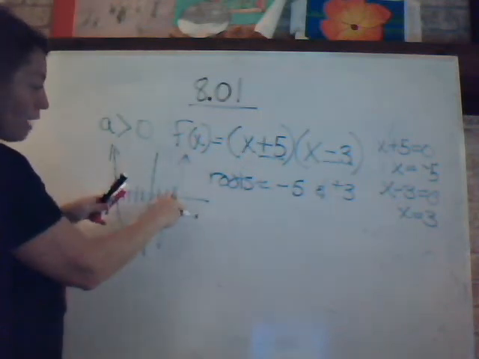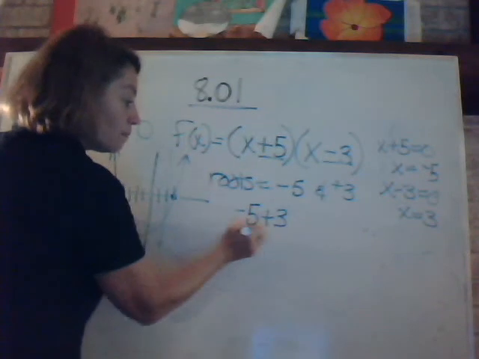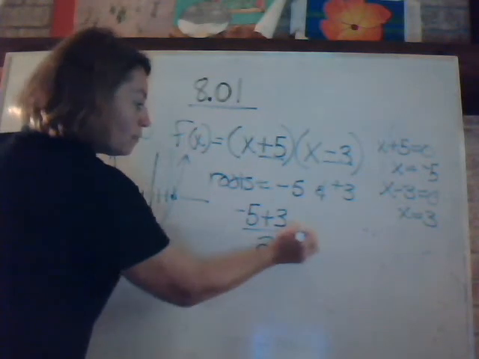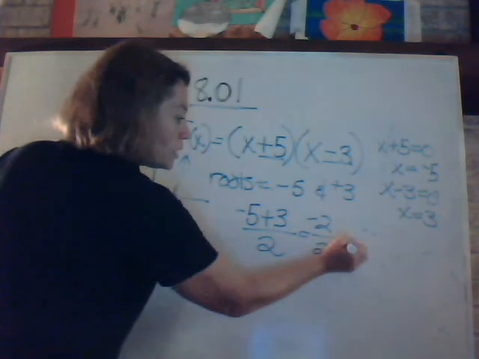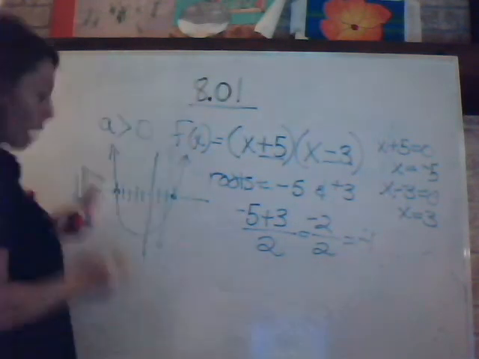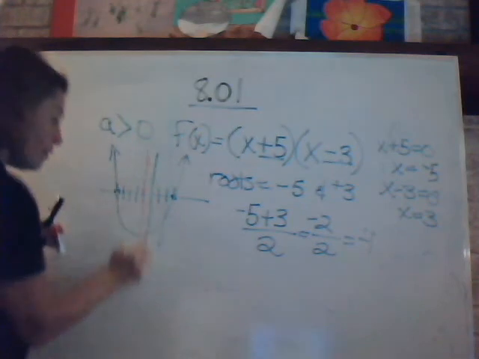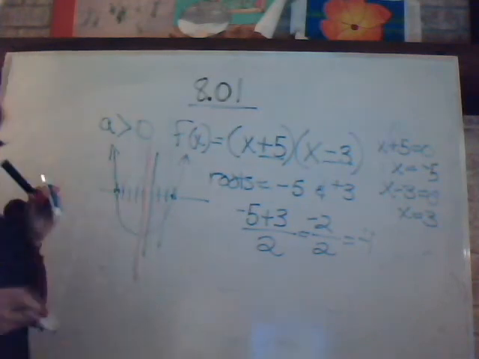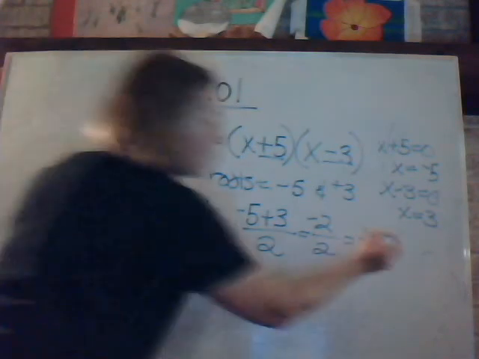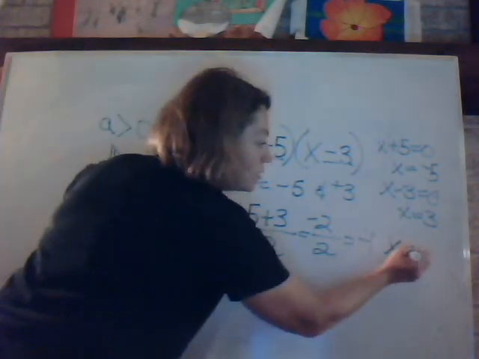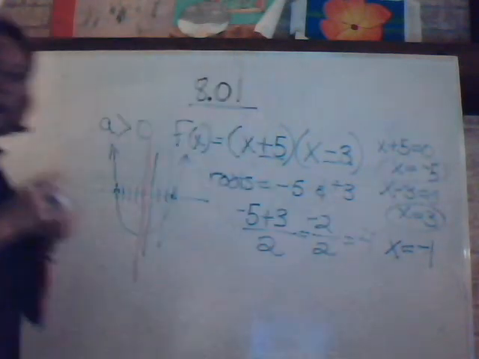Halfway between negative 5 and positive 3. So negative 5 plus 3 all over 2. Negative 5 plus 3 is negative 2 over 2, which is negative 1. So that means my axis of symmetry will be right here at x equals negative 1. So that's how I write it. My axis of symmetry is x equals negative 1. My roots are 3 and negative 5.